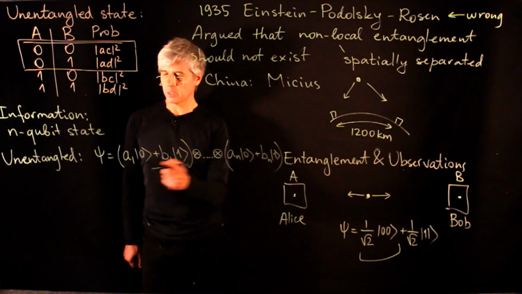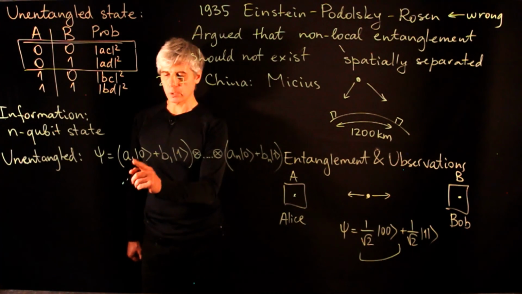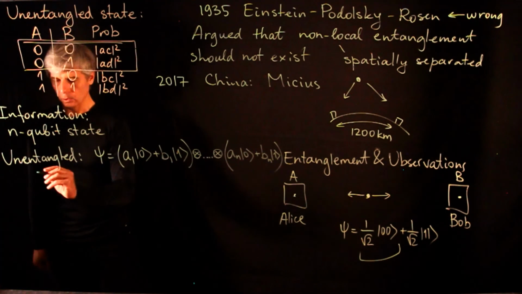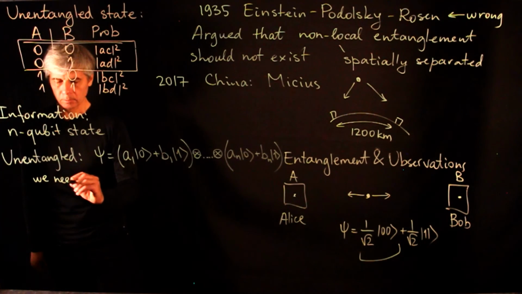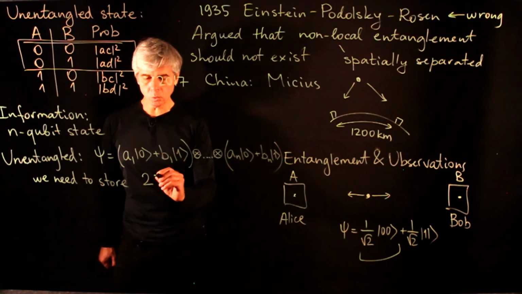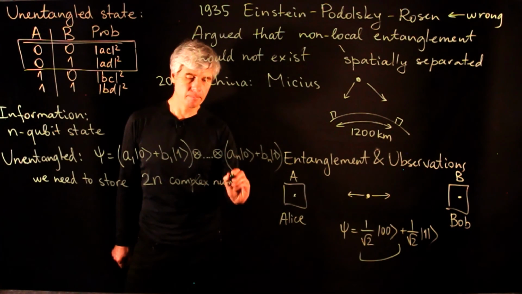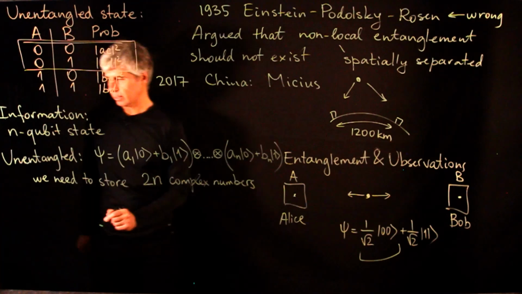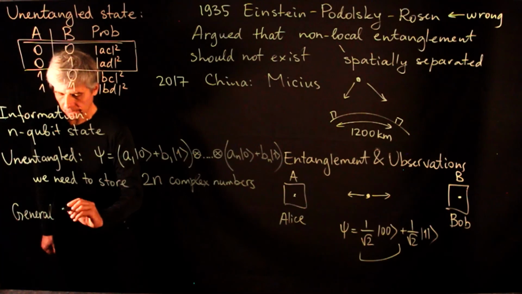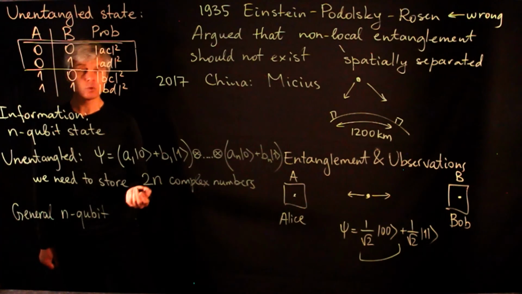Well, to store this unentangled state, we need to store each complex number. So we need to store A1, B1, and so on, AN and BN. So we need to store 2 times n complex numbers. And suppose now we have a general state. A general n-qubit state, and a generic n-qubit state is entangled.